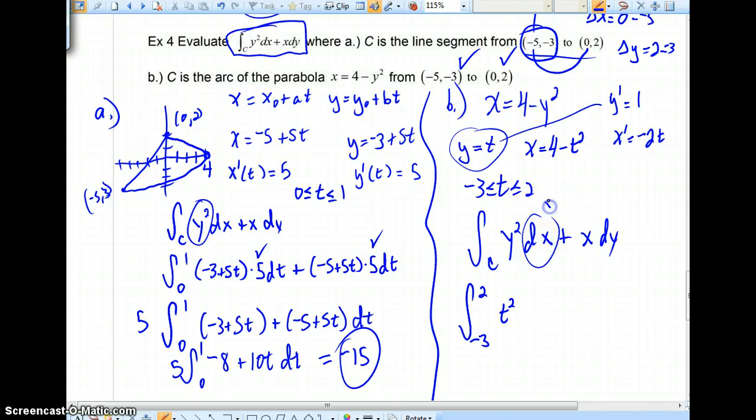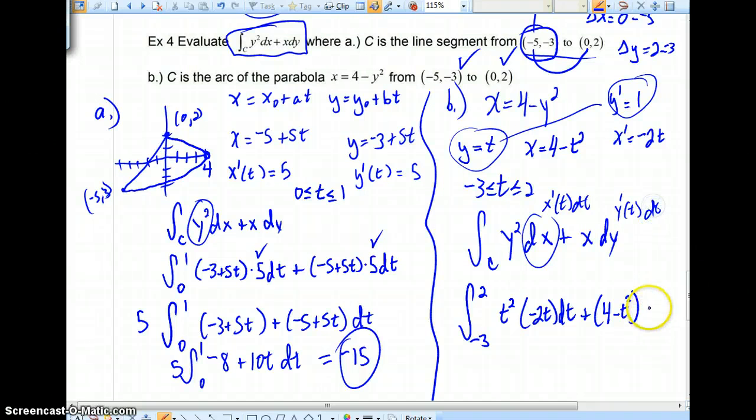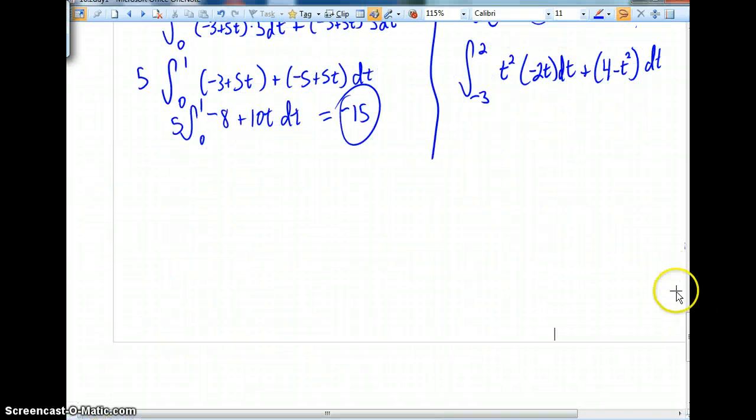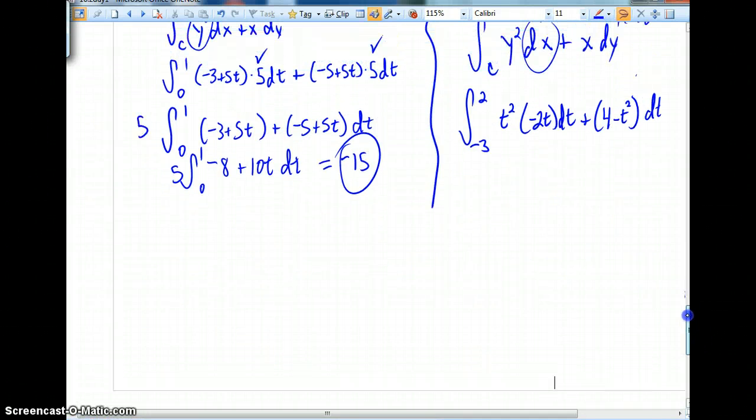Dx is really x prime of t dt, and this is where we're going to get -2t dt. Plus, what did we have for x? Well, that's a little bit messier. It's 4 minus t squared. What about dy? Well, dy is delightful. It's going to be y prime of t, which is just 1, times the dt itself. Well, wow, look at that.